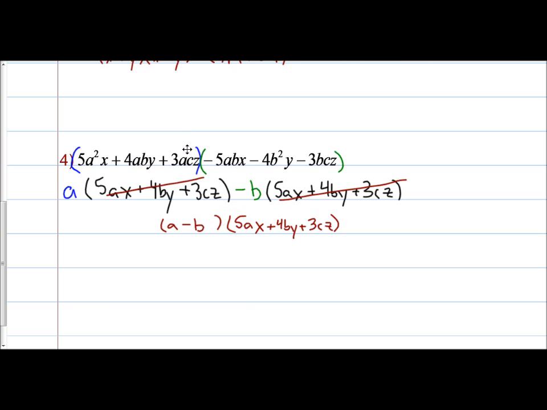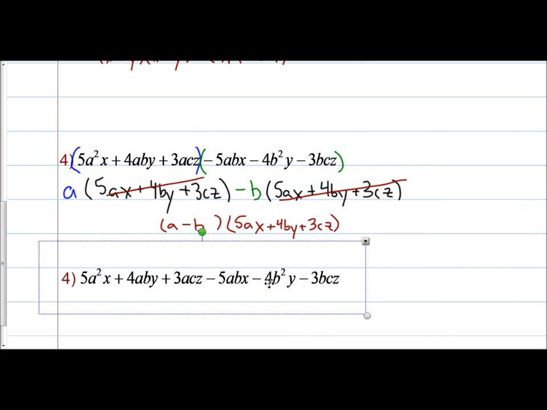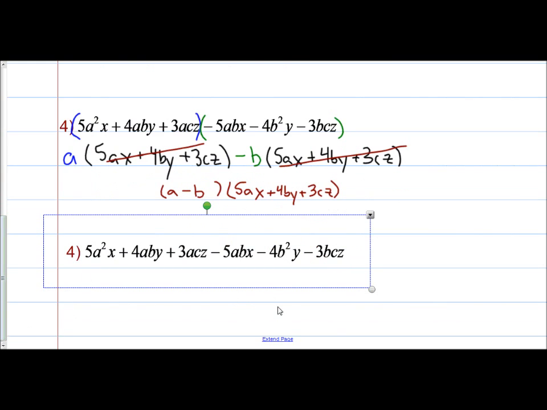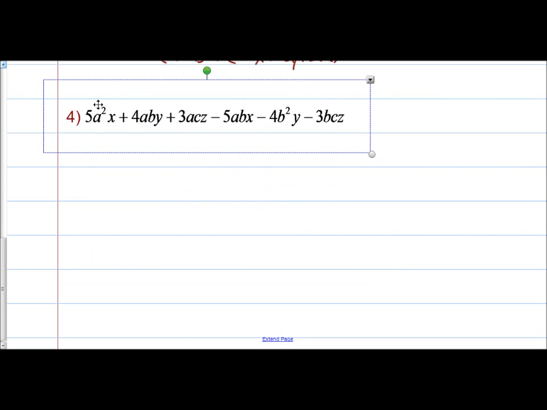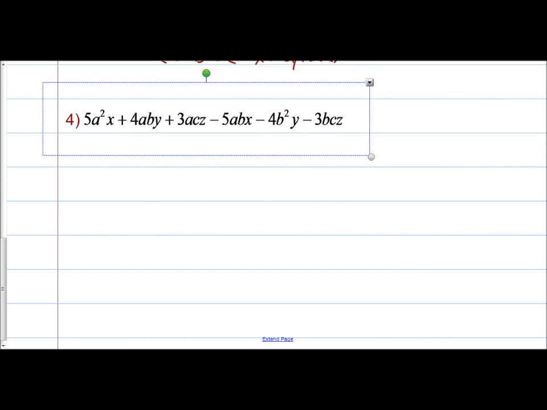I could group them together in this way and get my answer. Now I want to try something different for this problem though. In this problem, I applied the same idea. I broke it into two groupings. But I can also, with this problem, rearrange. I want to show you sometimes there's multiple paths to get the same answer. I mean, I see, 5, 4, 3 does repeat. But if I didn't see that, I have two 5s.